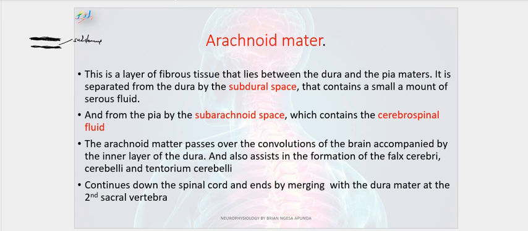So there is actually no epidural space in the brain. We'll be able to see that with the spinal cord, because these meningeal layers also spread to the spinal cord. The subdural space contains a small amount of serous fluid.